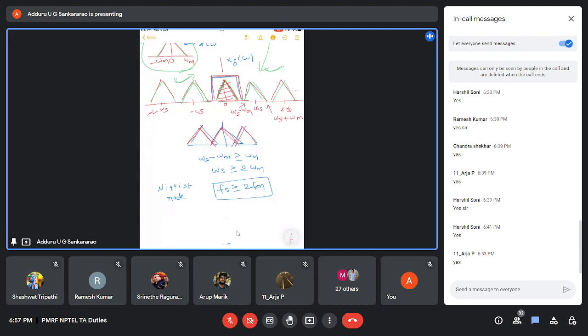If we use a reconstruction filter here, at the edges where there is an overlap we will get some distortion, because we cannot get only x of omega from this; x of omega plus these overlapped portions will be there. That's why we will have some distortion. This is called aliasing. To avoid aliasing, what is the condition? There should not be any overlap. So omega s, let us say this is omega s.